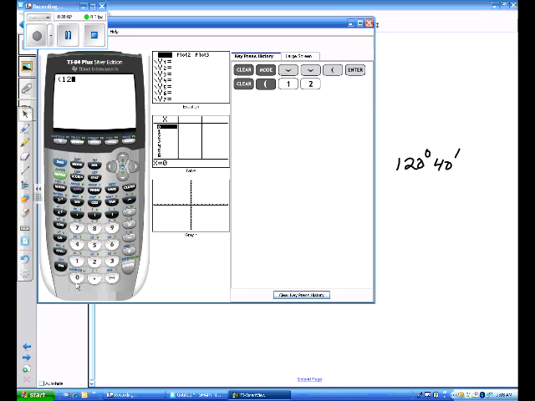We'll put 120 degrees, 40 minutes, we will close our parentheses, and then we're going to do second apps number 1.